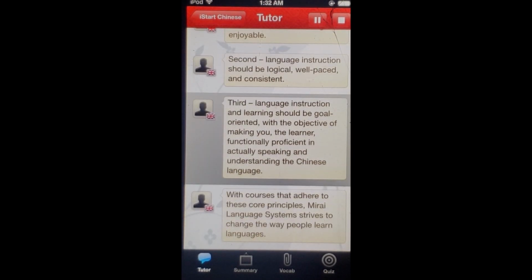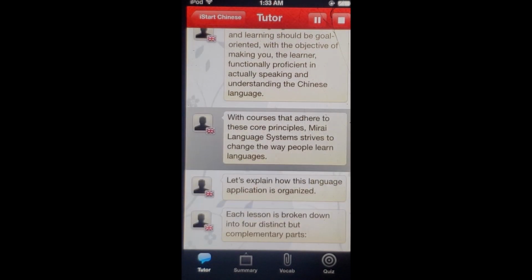Third, language instruction and learning should be goal-oriented, with the objective of making you, the learner, functionally proficient in actually speaking and understanding the Chinese language. With courses that adhere to these core principles, Mirai Language Systems strives to change the way people learn languages.